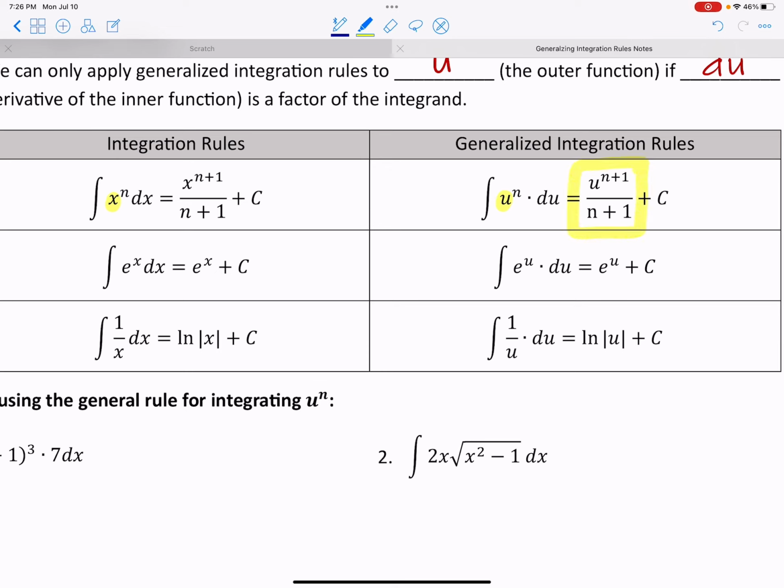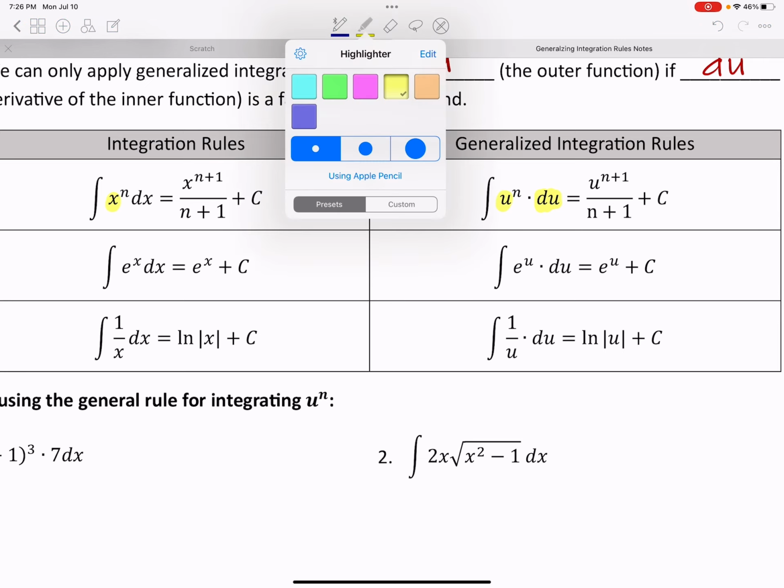I'm going to take the base of that power, add 1 to the exponent, divide by that new exponent, and that base doesn't change. Same power rule, but in order for us to apply it, du, the derivative of that inner function, has to be a factor.